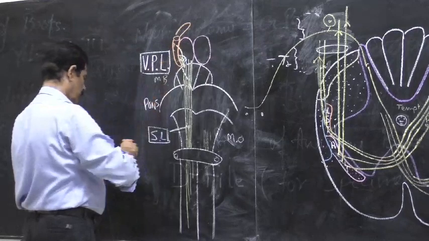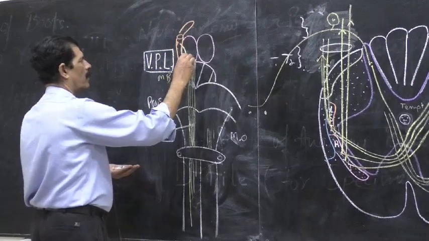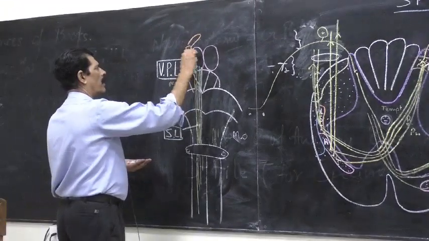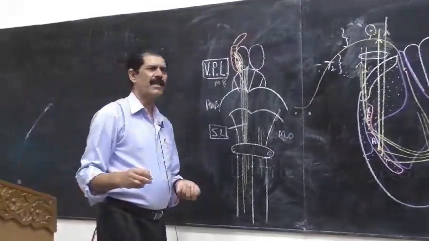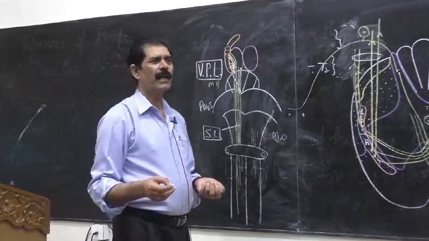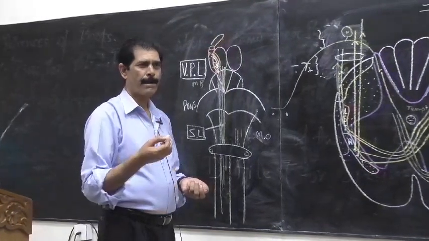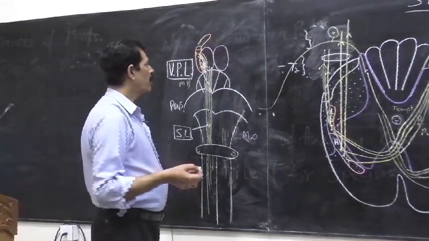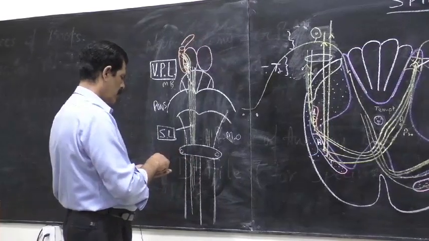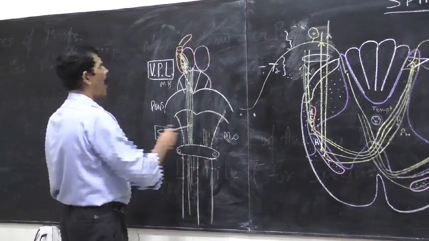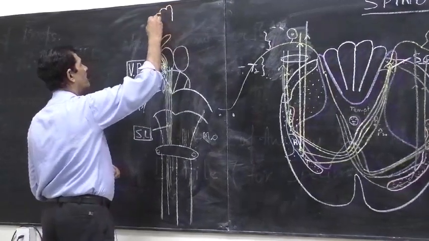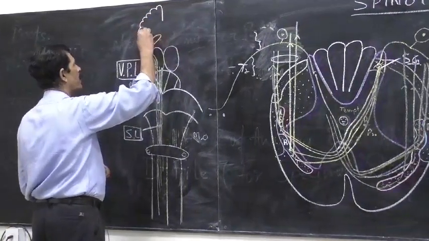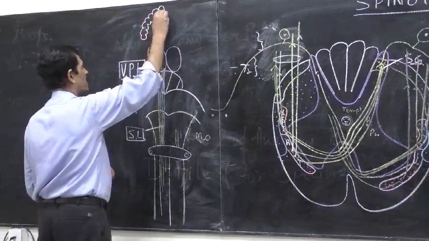Posterior limb. From the posterior limb, these third order neurons further ascend. Now they go to the corona radiata of the cerebrum, the post central gyrus, which is the homunculus.